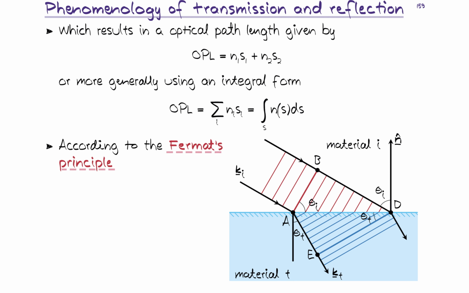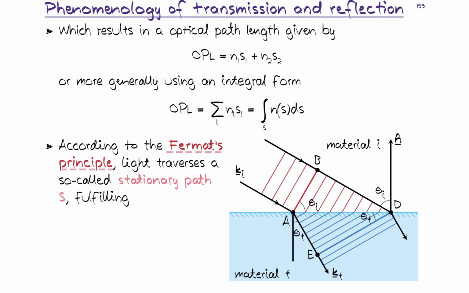And now we could apply Fermat's principle, which states that light traverses the path that is known as a so-called stationary path S. For the stationary path S, essentially it fulfills the condition that the derivative of OPL as a function of the path s is essentially 0.